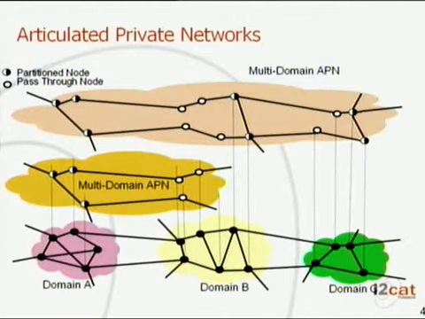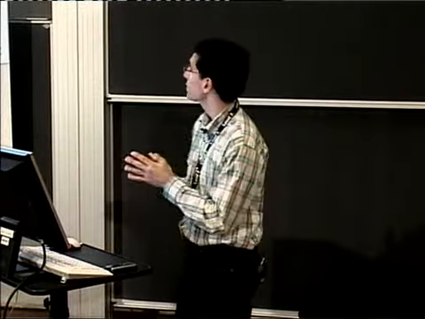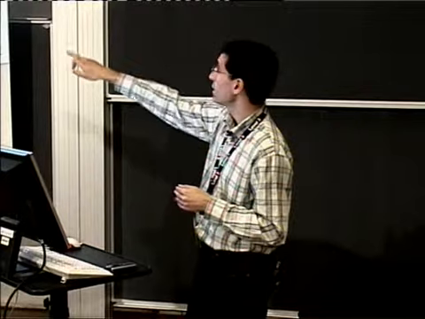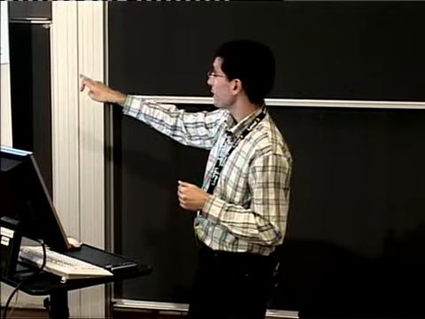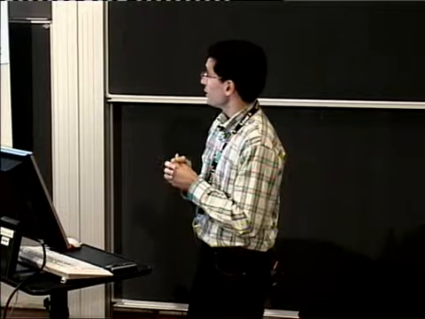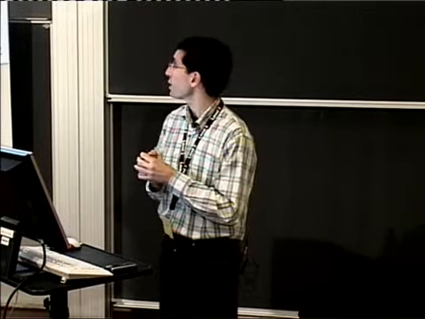So here's a picture of what we call the articulated private network, or APN. In a sense, it's just the user network, the user domain. Here, for example, we see at the bottom of the picture three physical domains belonging to three different physical networks. On top of it, one can build different APNs. The APNs are just subsets of these physical networks. For example, the first one in the middle is built from resources from domain A and domain B, but it's a network that the user sees as his own network and his own domain.